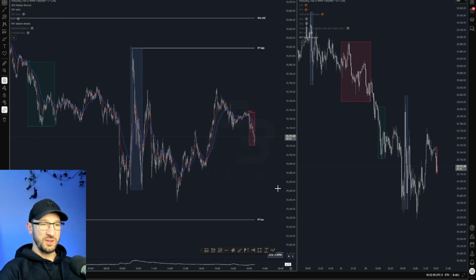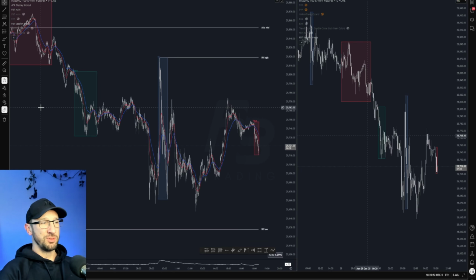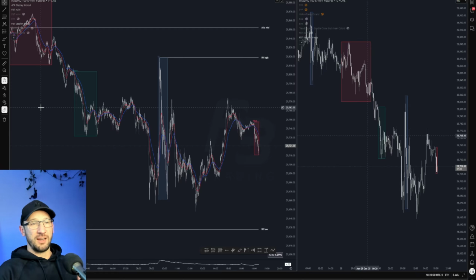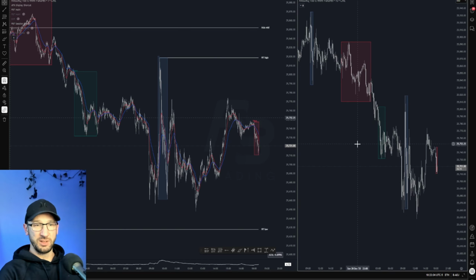How I do everything goes back to the videos I've posted in the past. I believe I do everything in a very clear, concise, and consistent way. And I like to look at structure. Structure is essentially order flow, or where the big money's going. It has accumulation, manipulation, distribution phases in it.